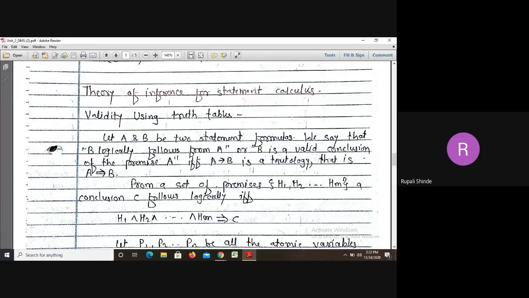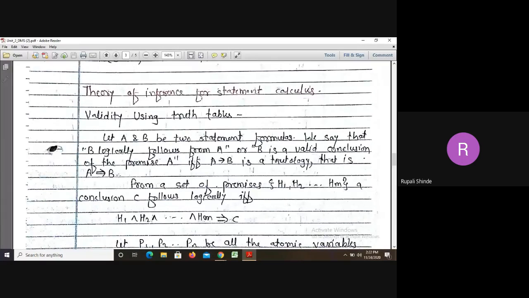Let A and B be two statement formulas. We say that B logically follows from A, or B is a valid conclusion of premise A, if and only if A conditional B is a tautology. That is, we can say that A logically implies B.